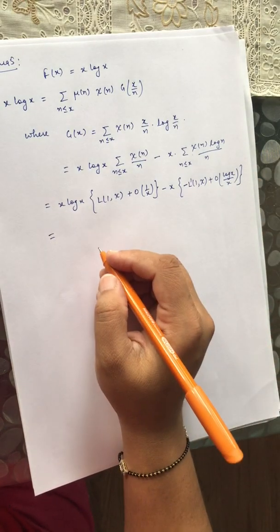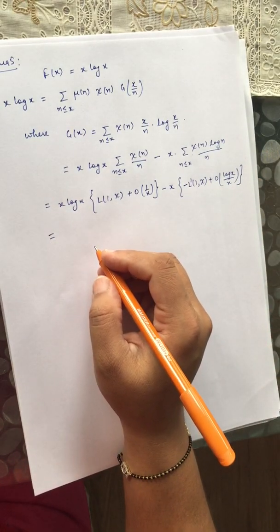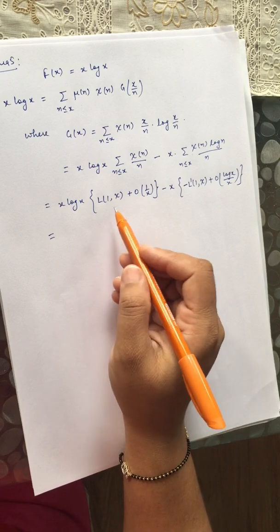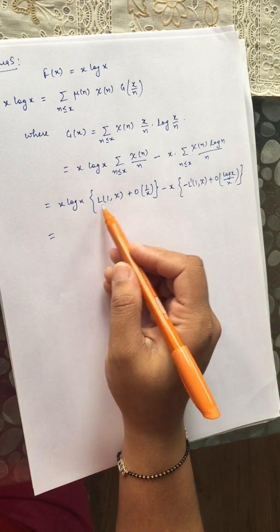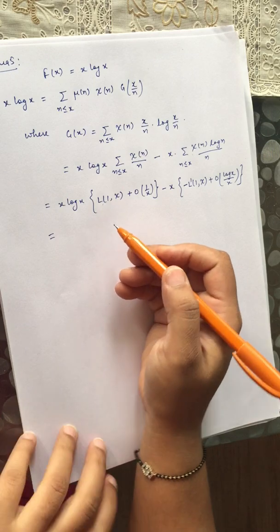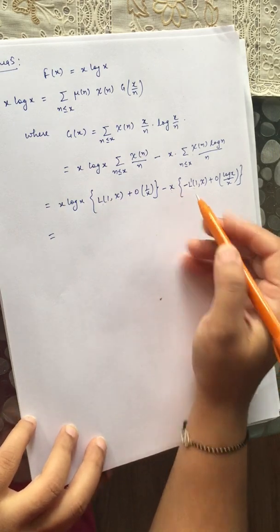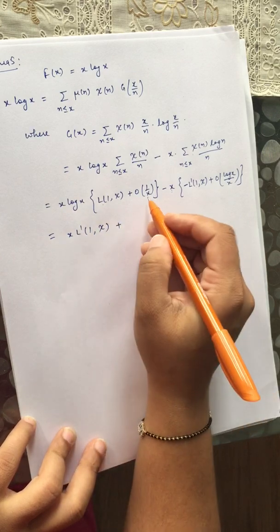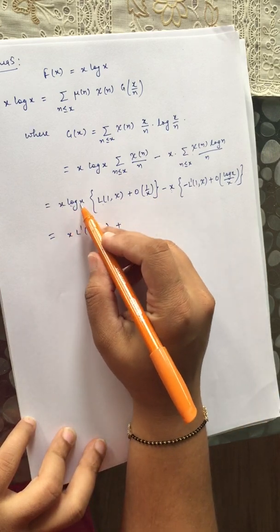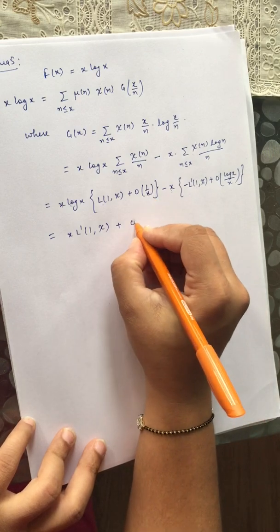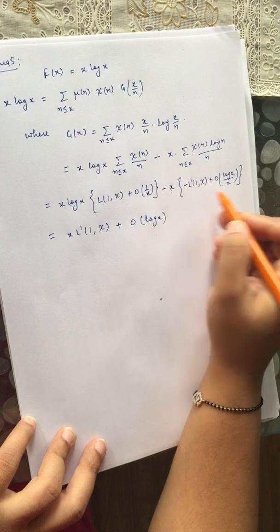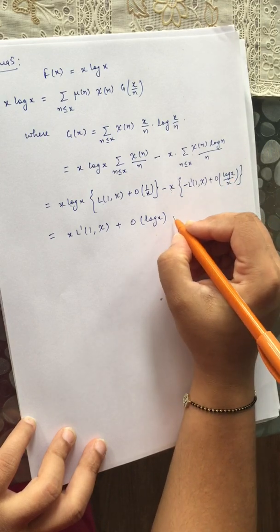Now in the statement of this lemma, we are assuming that L(1, chi) is equal to 0. So L(1, chi) is equal to 0, which means this term is 0. So we are left with only these terms, x into L'(1, chi) plus the order term. Now here the order term is x into log x upon x, that means order of log x, and here again the x is cancelled, the order term is just log x.